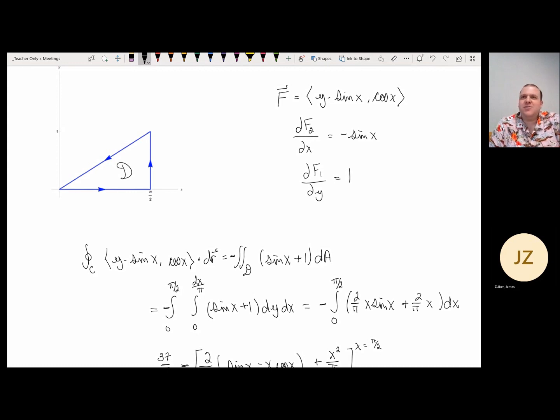Divergence is definitely easier, but Stokes is an extension of Green's theorem, but it's the problem child of the group. So that is the plan for tomorrow. Where we end depends on how much time we have.